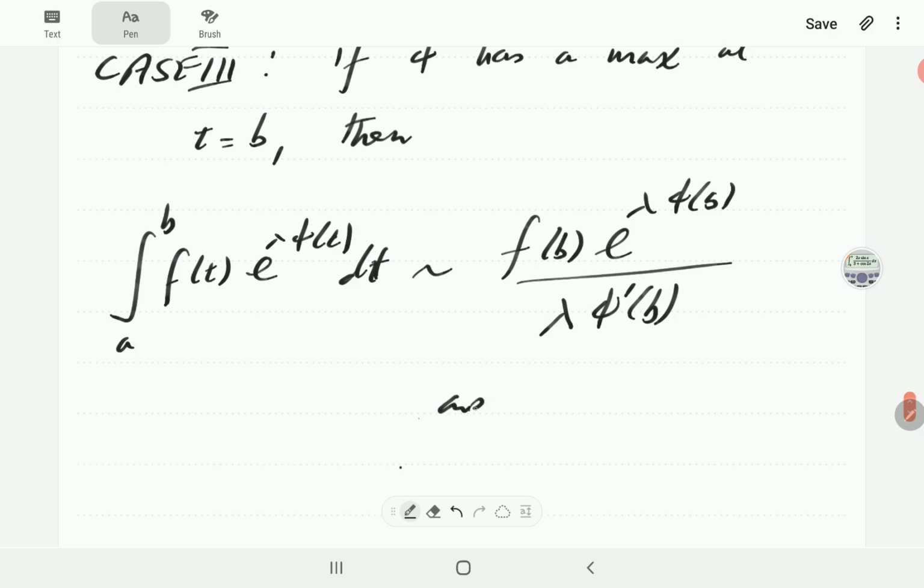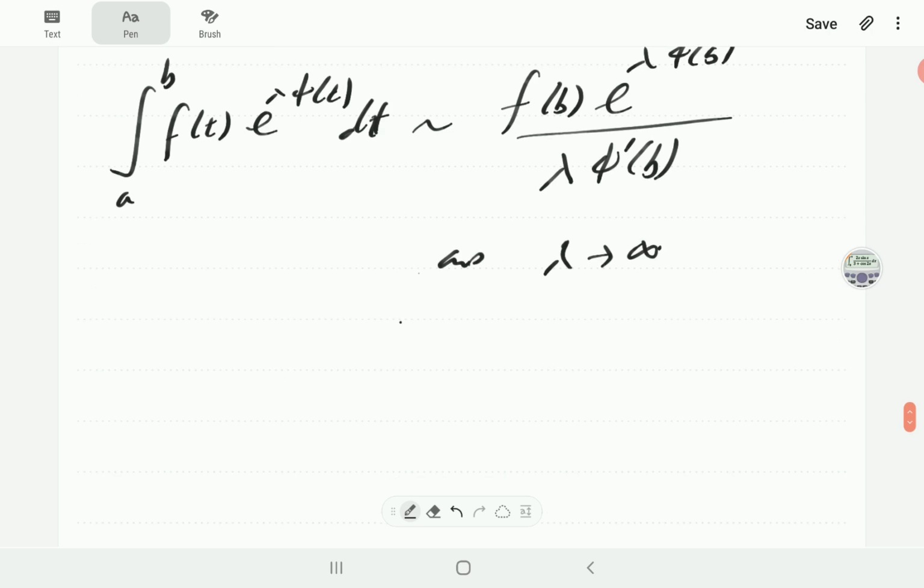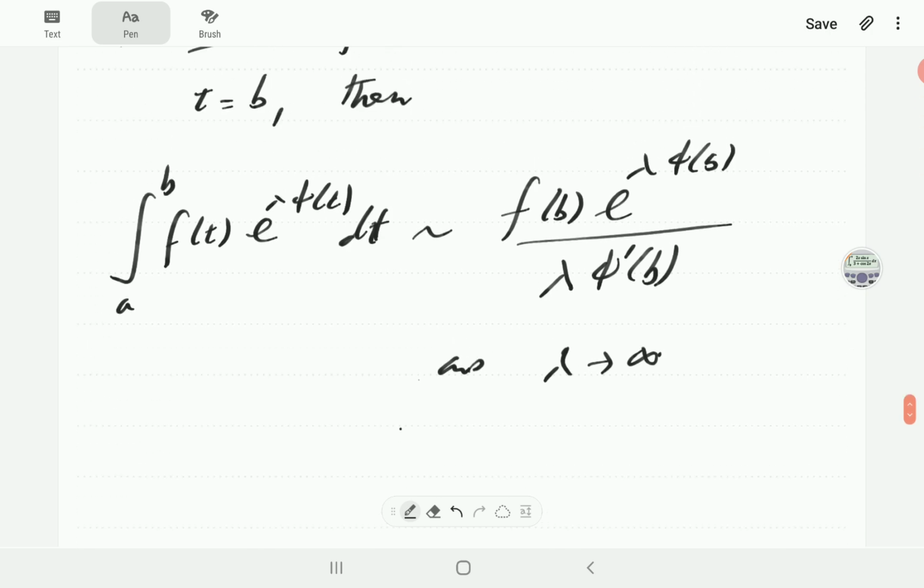Okay, this derivation is pretty similar to the case 2 derivation, so we're going to leave that one as an exercise. Okay, in the next video we're going to look at some examples of the application of Laplace's method.